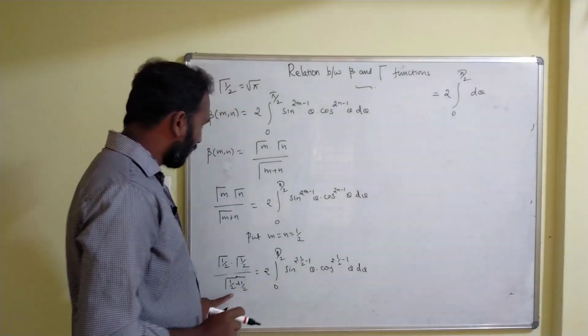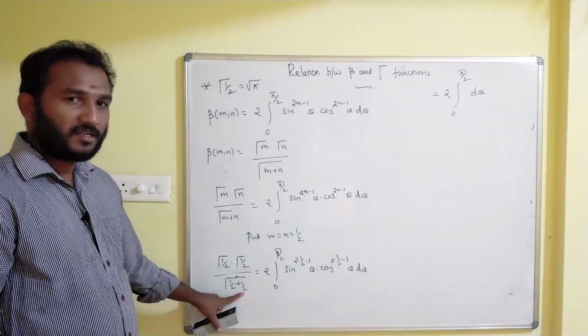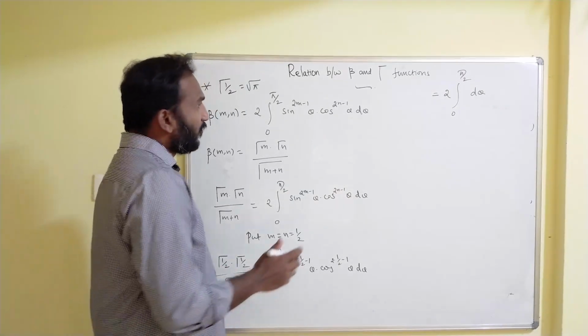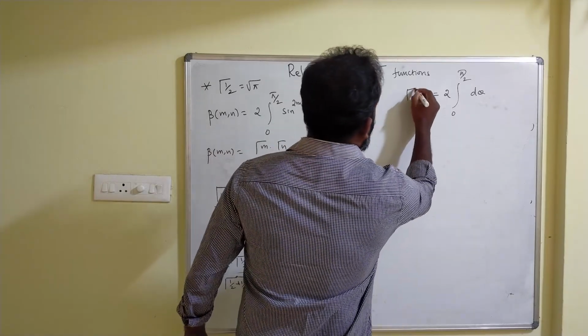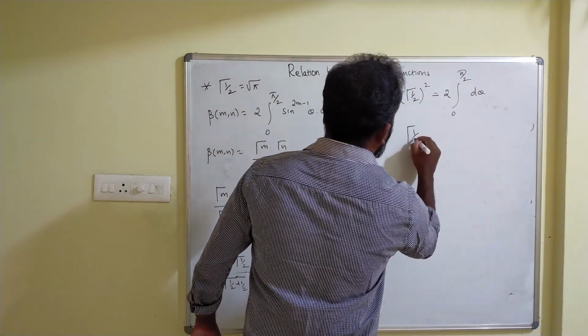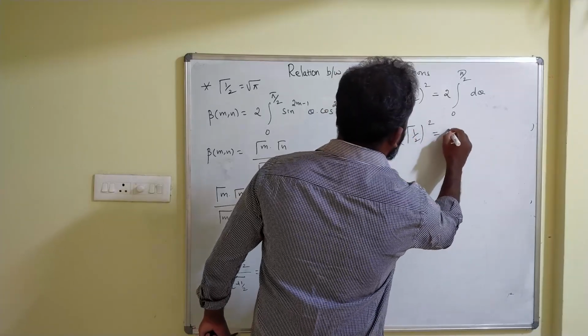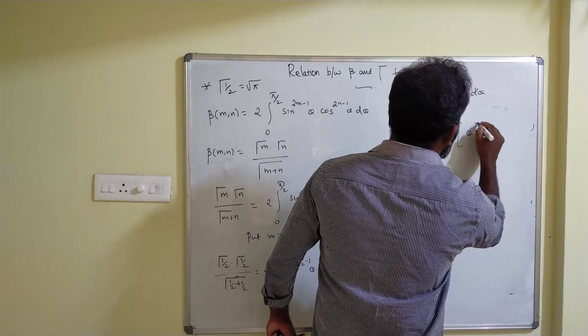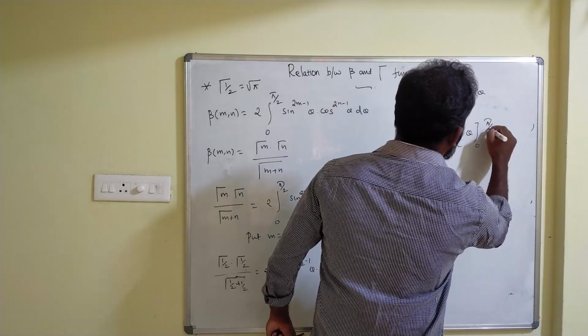Therefore, the left hand side has gamma of 1, so already we have discussed in the previous problem, gamma of 1 is equal to 1. Therefore, this will become gamma of 1 by 2 whole square, and gamma of 1 by 2 whole square is equal to twice into, so integration and differentiation get cancelled, theta limit varies from 0 to pi by 2.